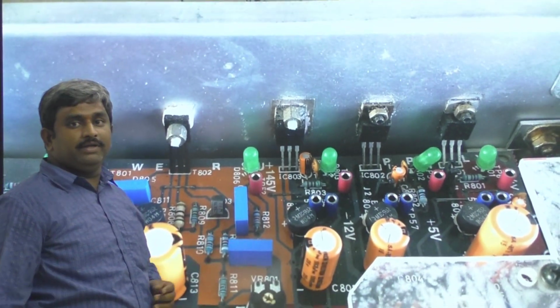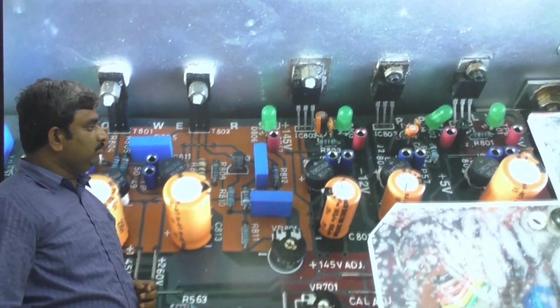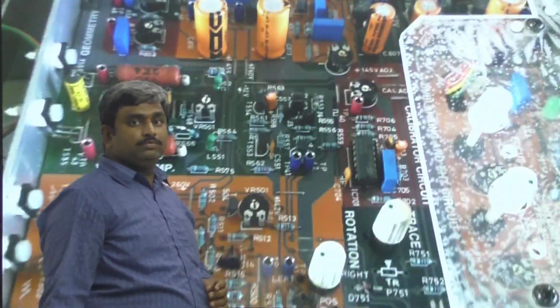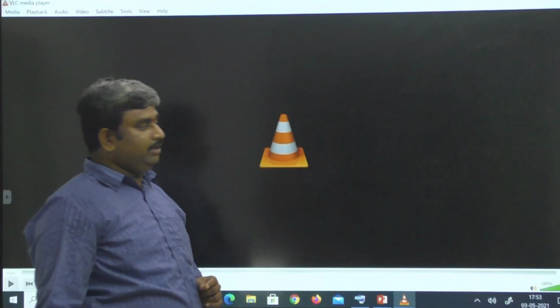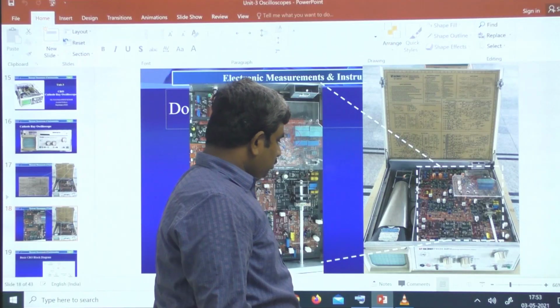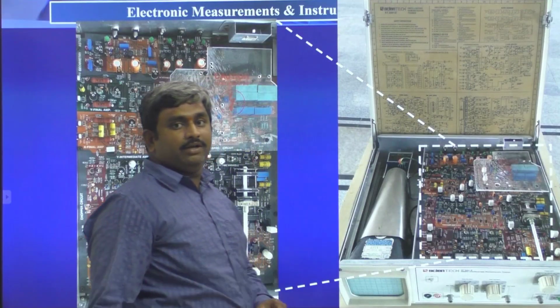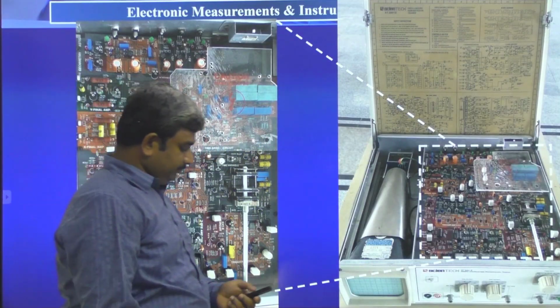These are the power supply ICs. Okay, this is about the CRO internal structure. Right.